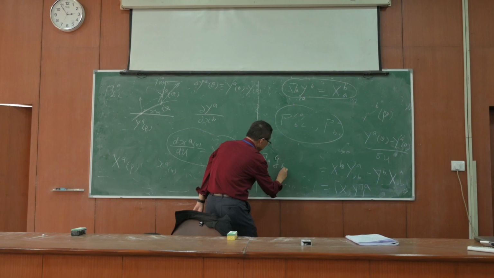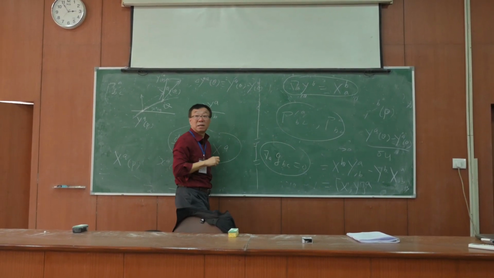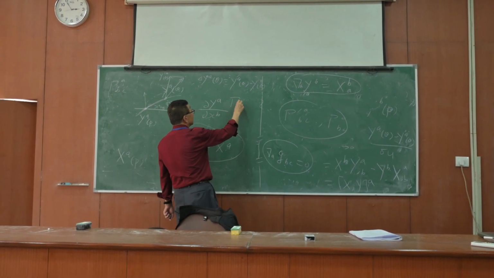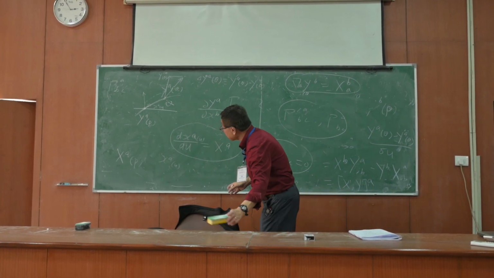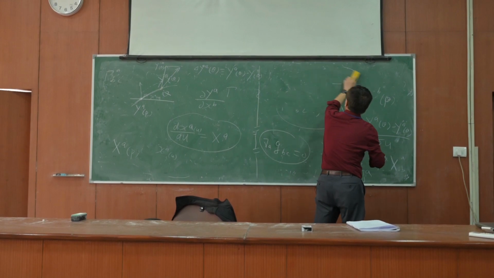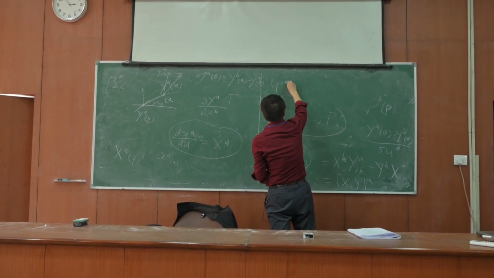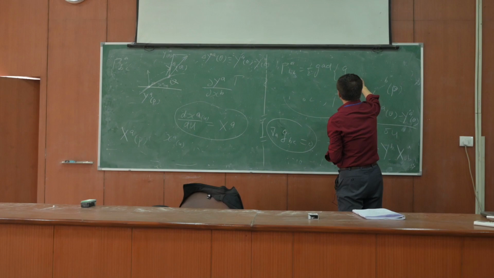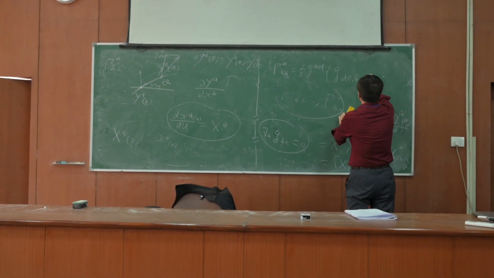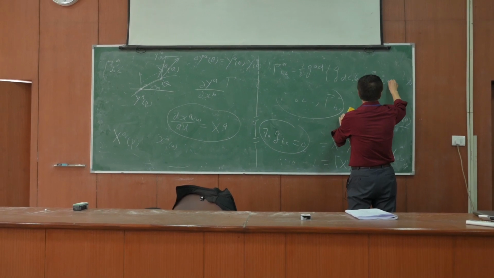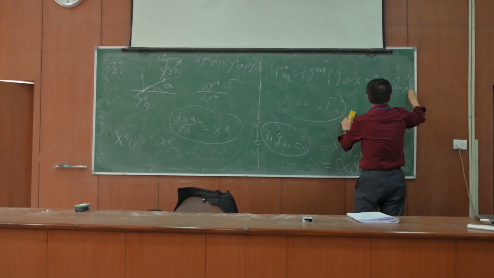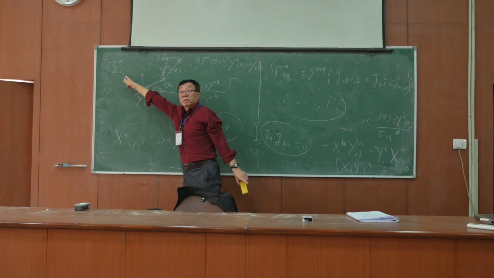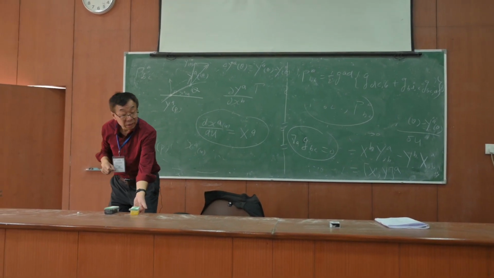The connection is uniquely determined, and I can write gamma A, B, C equal 1/2 G, A, D times G, D, C, B plus G, B, D, C minus G, C, D. So this is called the Christoffel symbol.